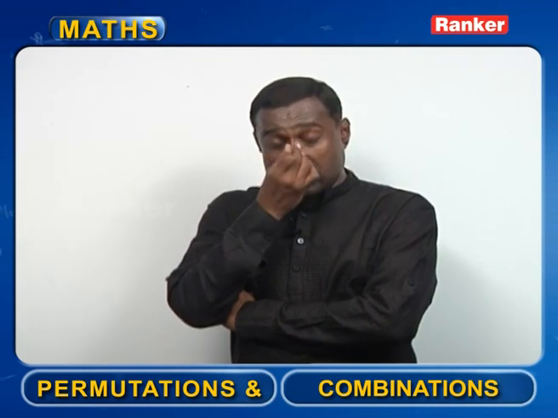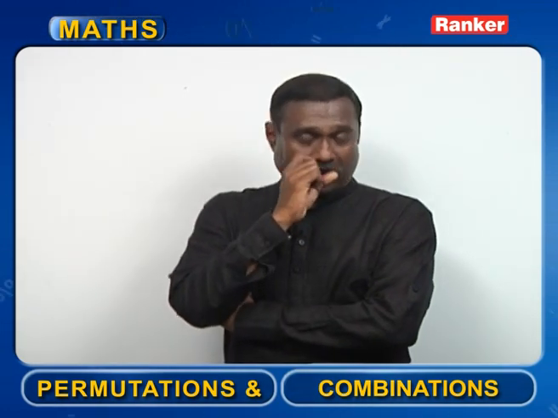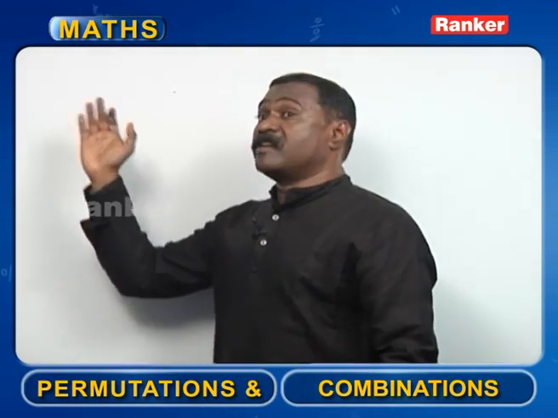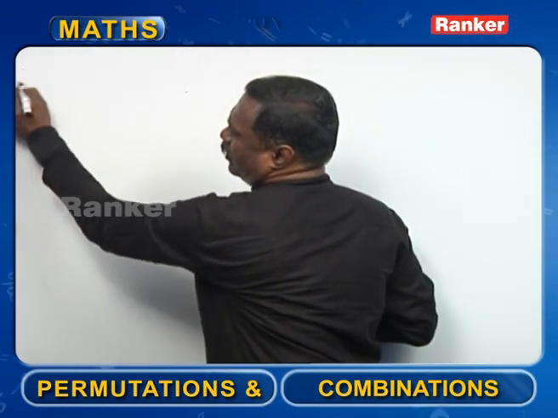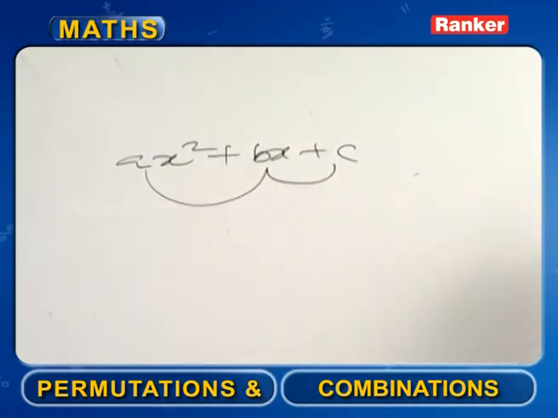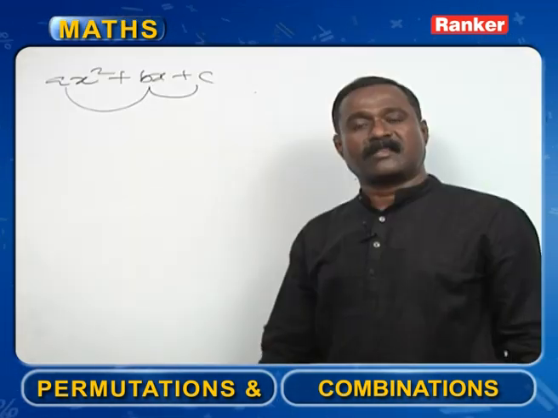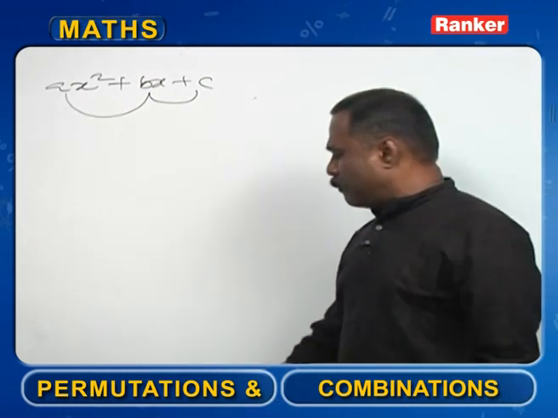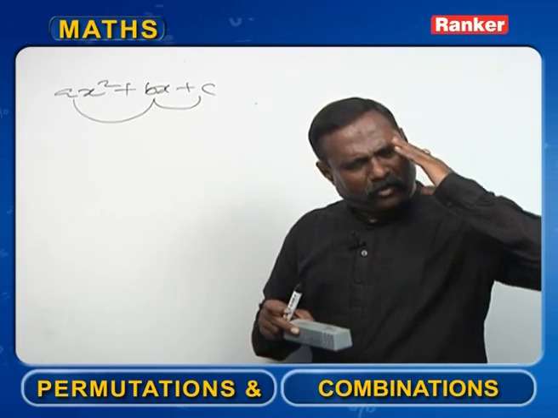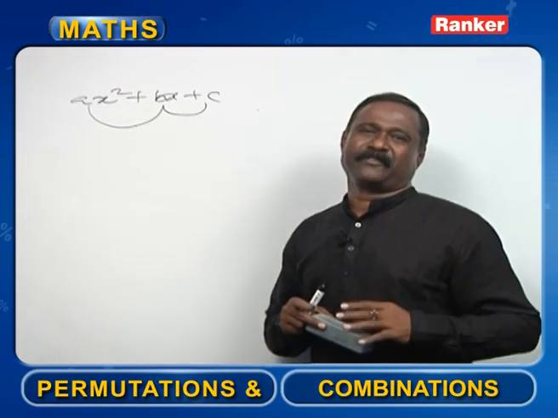Then you have to take repetition as allowed. If I mention separately that there should be different digits for ABC, then what he is saying can be followed.